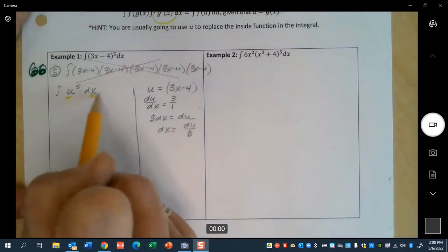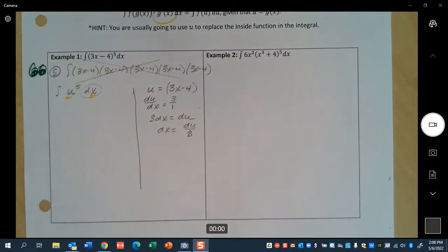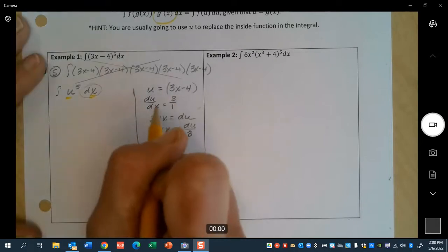Your goal is to find another way of writing dx in terms of du. You find the derivative, du dx, the change in u compared to x, which is equal to this derivative. That's the part you were talking about up here. And then all you have to do is solve for what you need. I really need this.